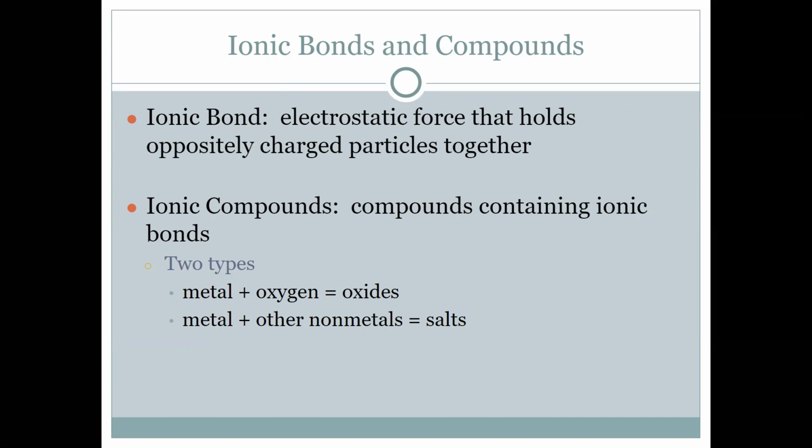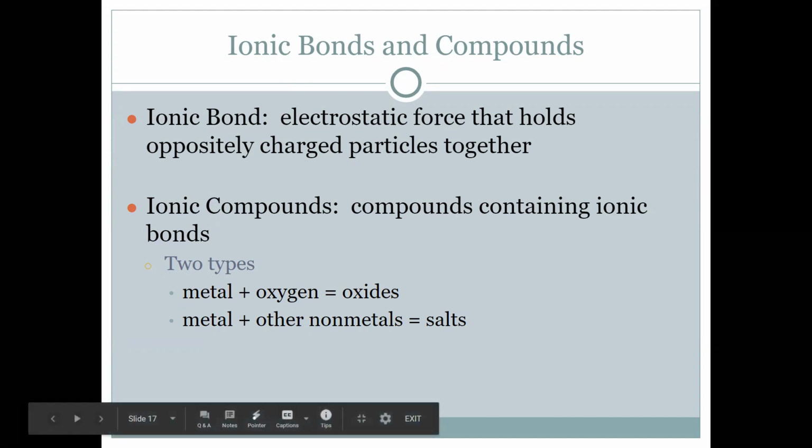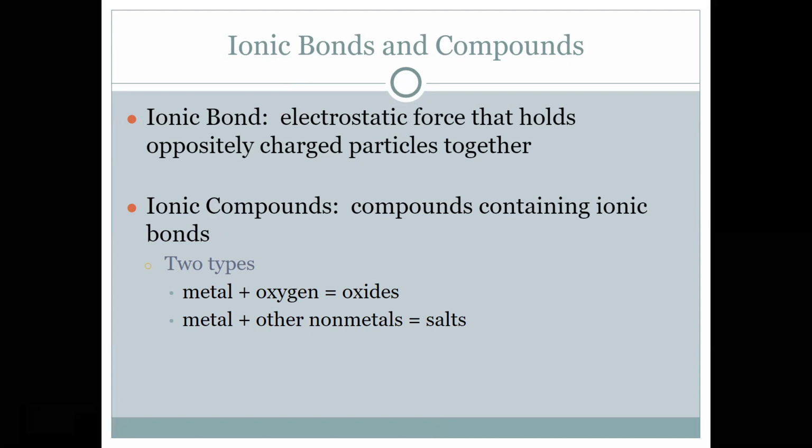An ionic compound is a compound containing an ionic bond. There are a couple different kinds of compounds that we're going to deal with. Any metal plus oxygen is going to be referred to as an oxide. Any metal plus a different nonmetal than oxygen is going to be referred to as a salt.